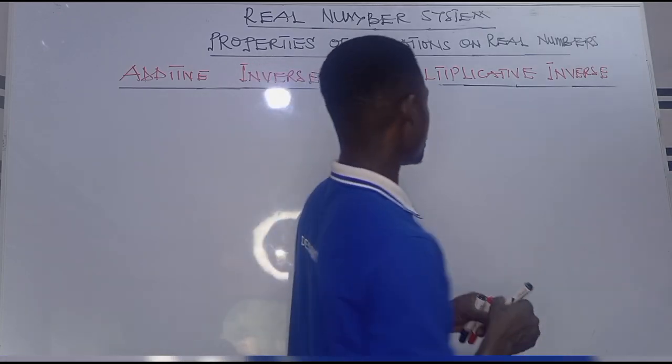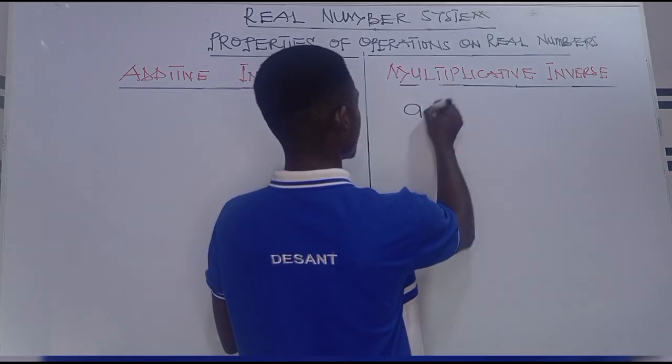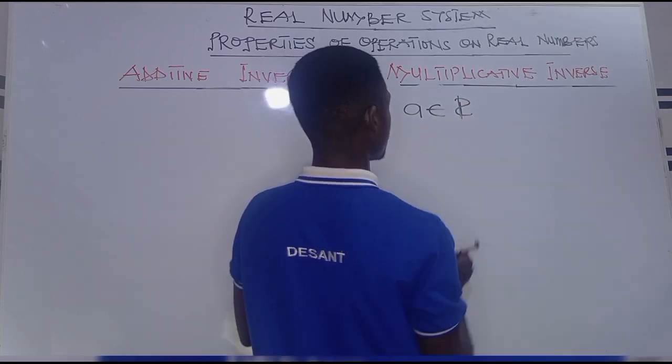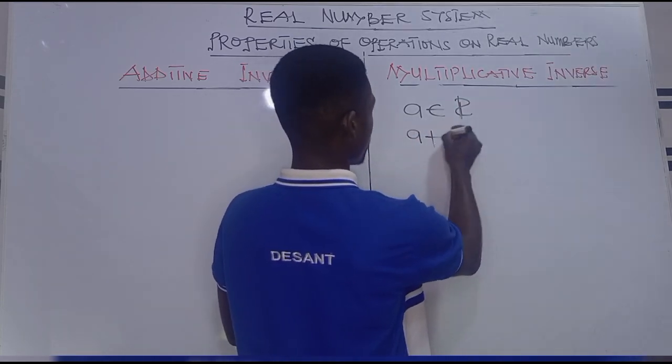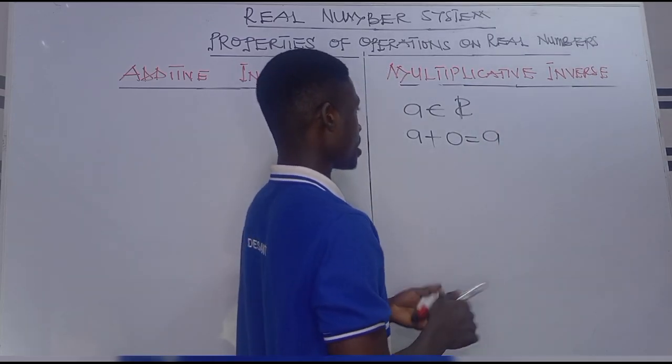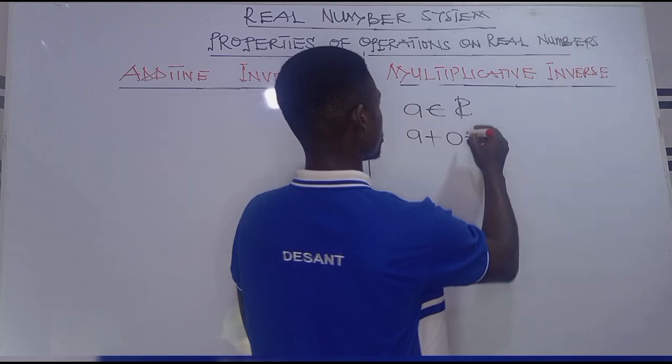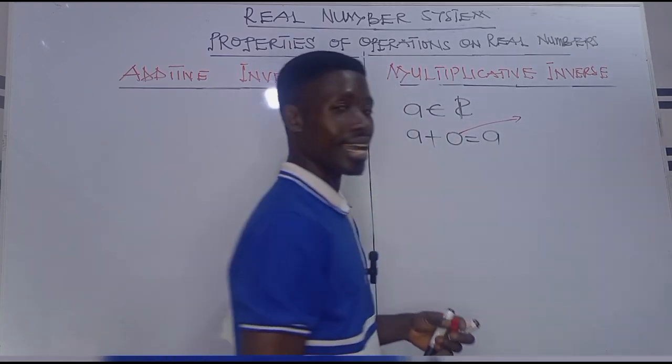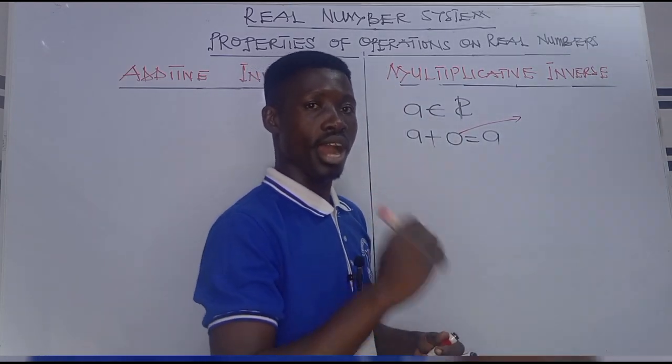So we said that if A comes from the set of real numbers, then A plus the number 0 gives back what? A. And this 0 is called the identity element for addition.